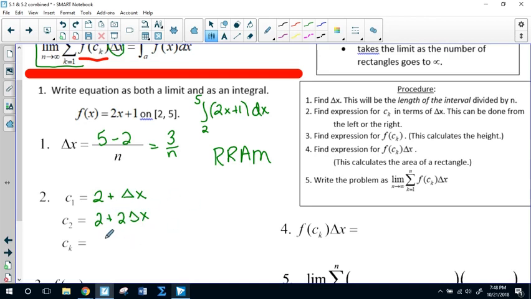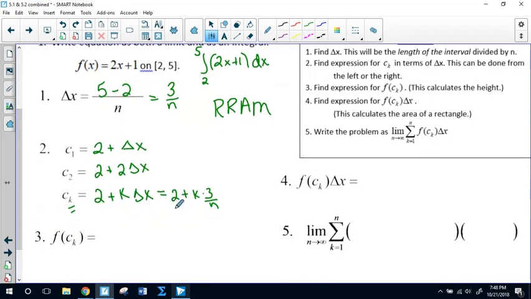So that means that c sub k would be 2 plus, well, my subscript is k, so I need to have k delta x's. So whatever rectangle I'm on, I want to multiply that number by my delta x. So this becomes, if I fill in my delta x, 2 plus k times 3 over n. Okay.